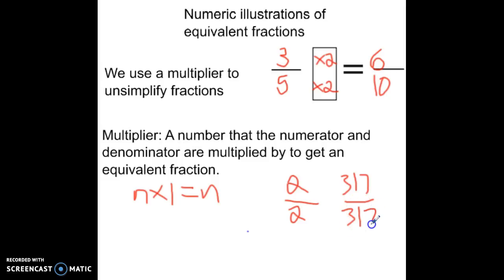So what I'm really doing is just multiplying 3/5 times 1 to get something that's equal to 3/5. But it's very important to do it on the top and the bottom, or I'm not multiplying it times one whole thing.